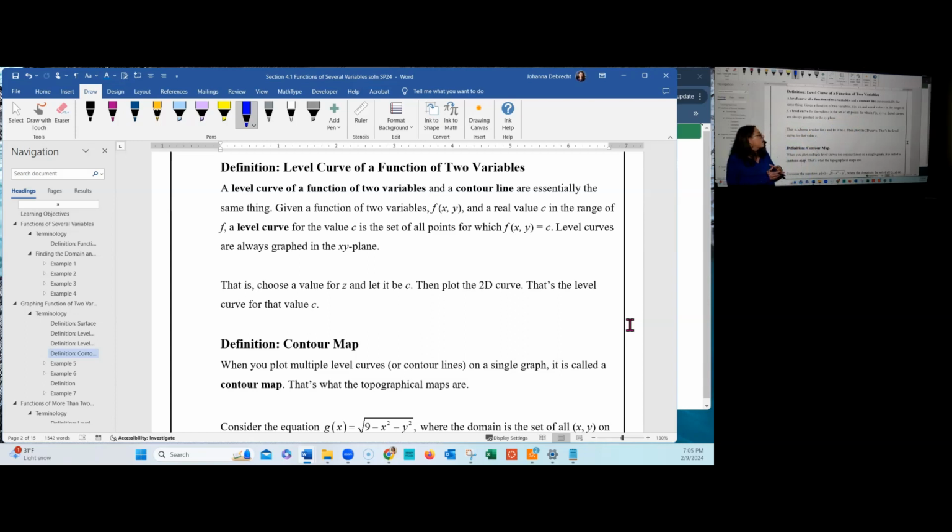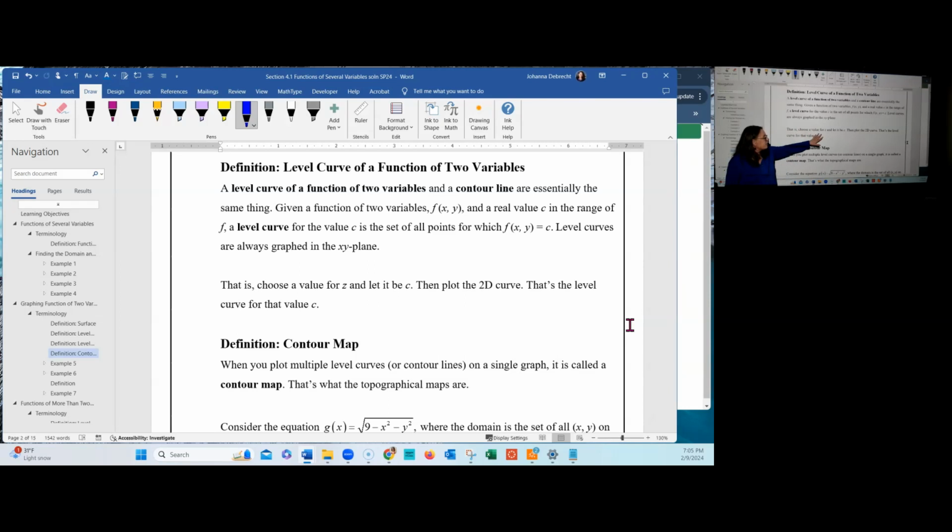So for example, I could set c to be 15. What are all of the ordered pairs that give me 15 for the z value? The graph of that produces a level curve or a contour line.